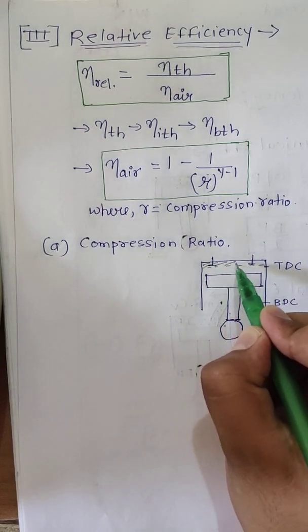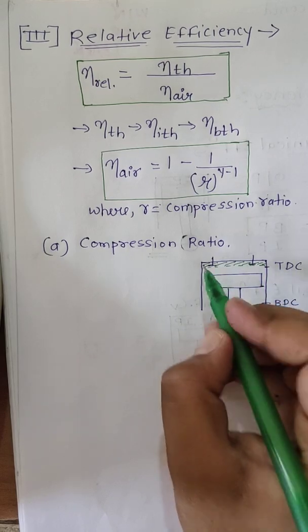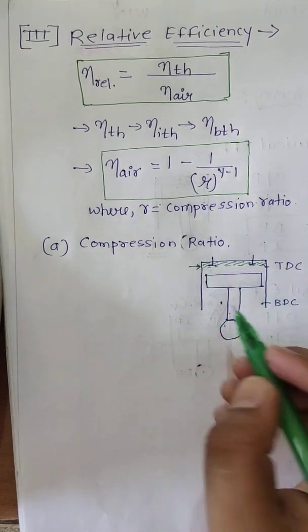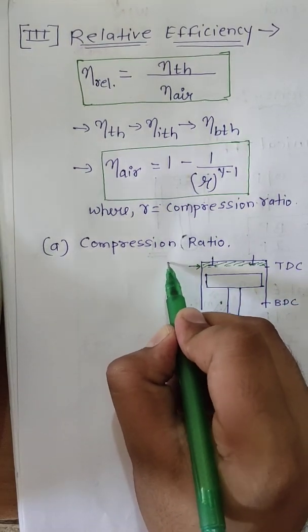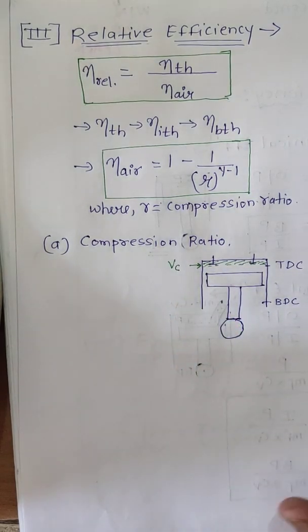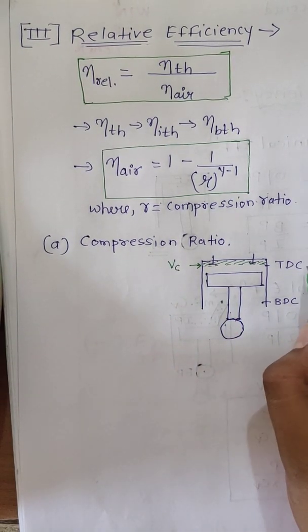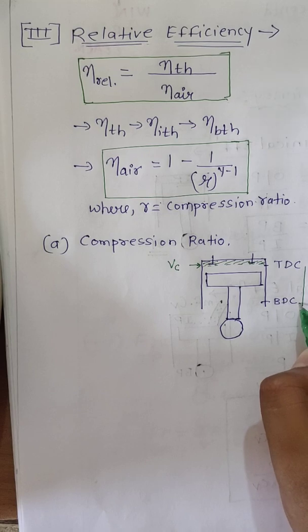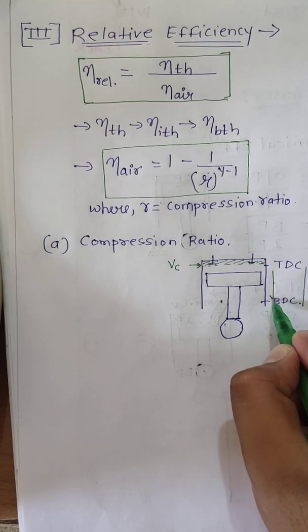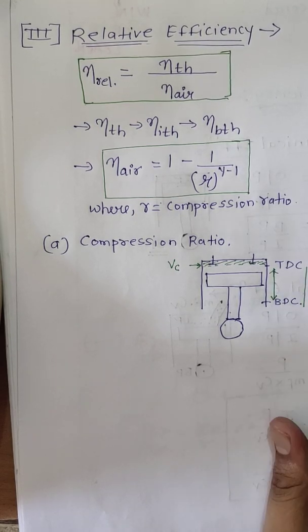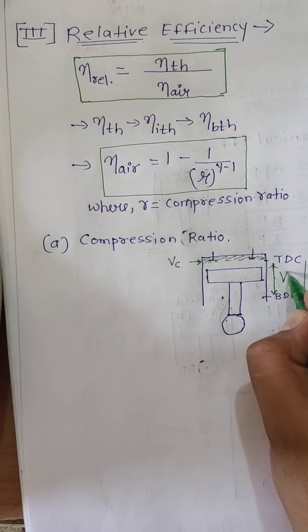So this volume which is only occupied by air, mixture of fuel and air, is called as which volume? Clearance volume, VC. And the volume swept by piston is called as which volume?